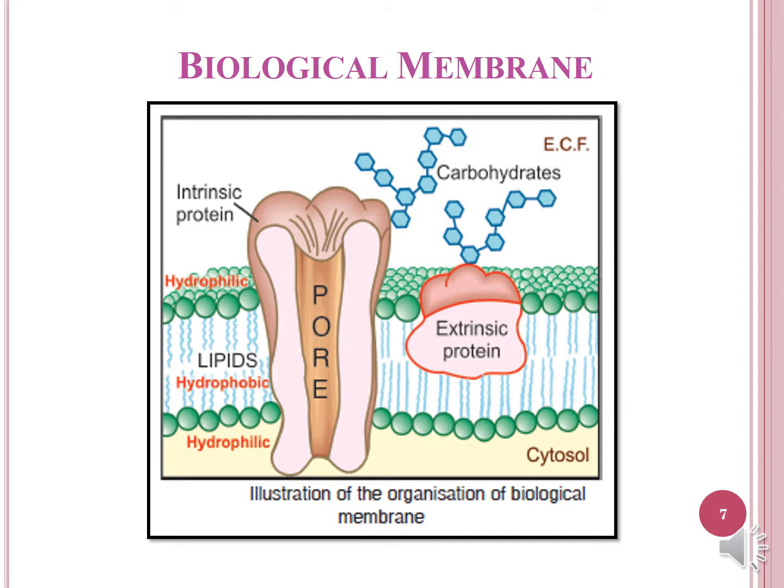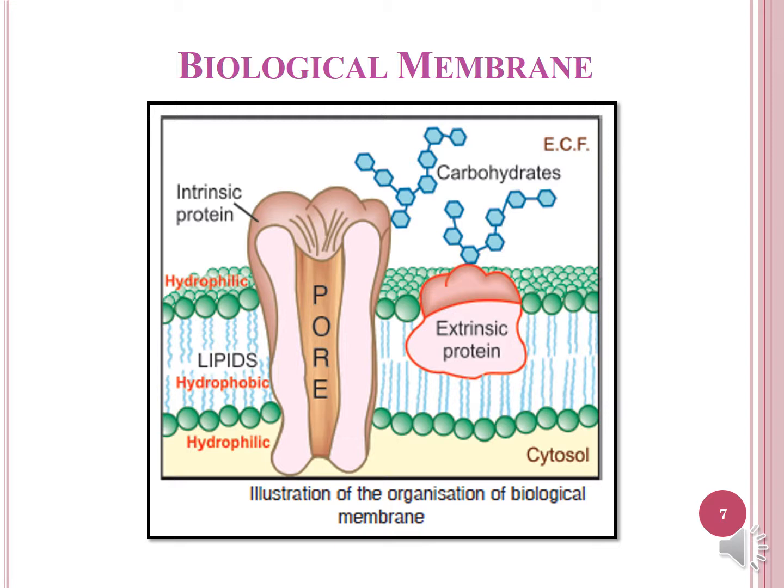This phospholipid membrane has different intrinsic and extrinsic proteins embedded within it. Usually this bilipid membrane is made up of cholesterol and phosphate groups, and the intrinsic proteins could form pores, like aquapores or other ion channels.